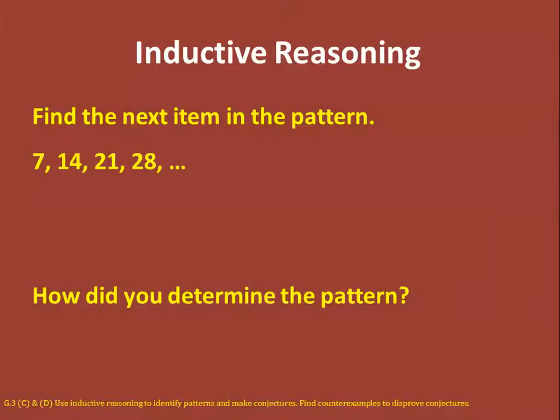Look at this pattern. It says find the next item. You've got 7, 14, 21, and 28. So I'm going to give you just a second to think about what the next number is going to be.